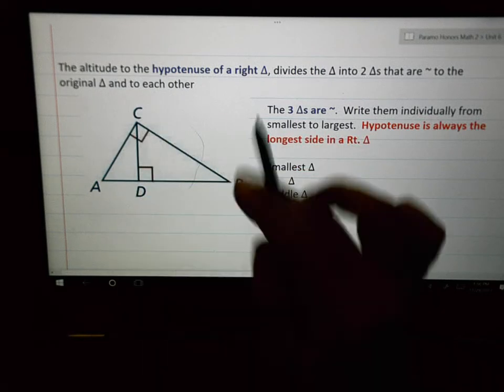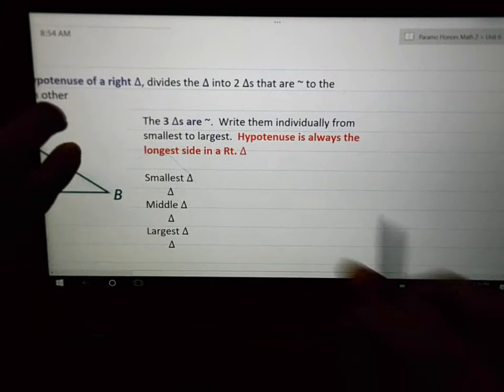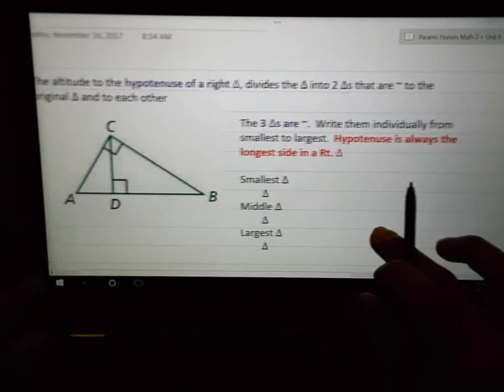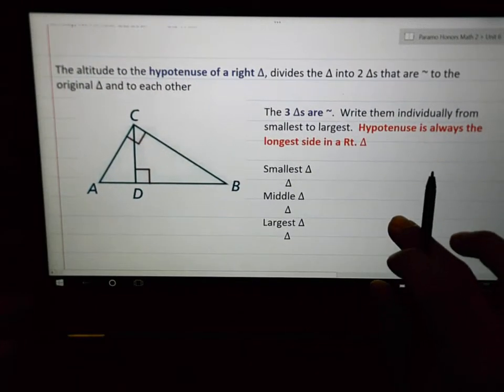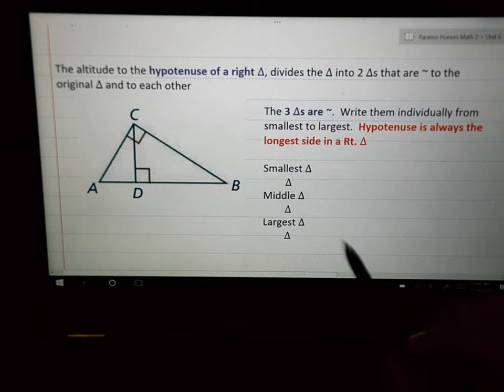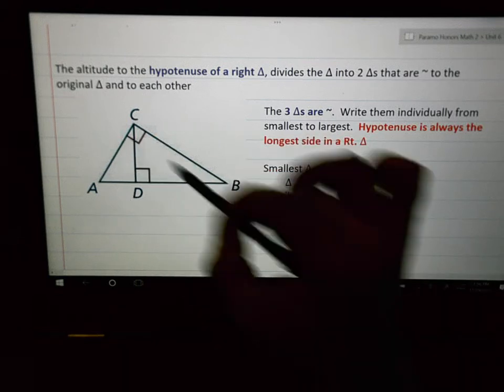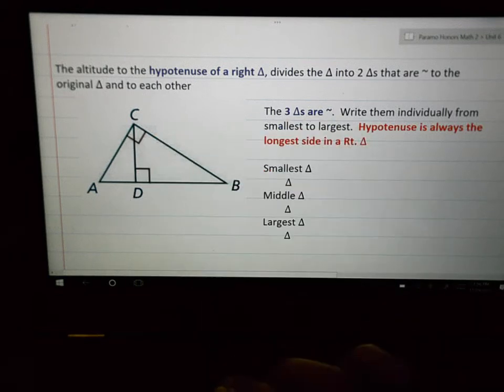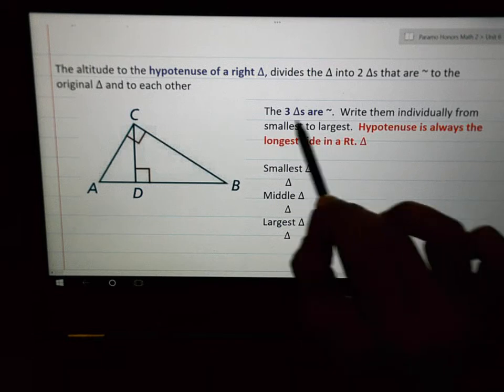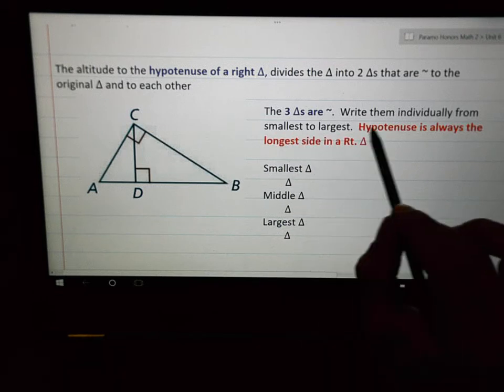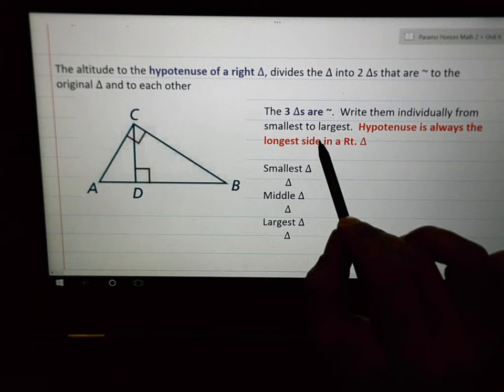So there are 3 triangles here. And if you can't see the 3 triangles, there's the little triangle, the medium triangle, and the big triangle. The 3 triangles are similar, and I asked you to write them individually from smallest to largest.